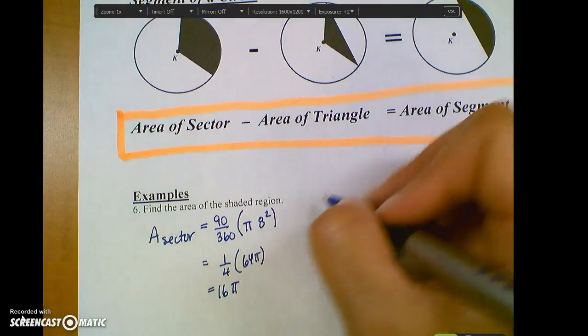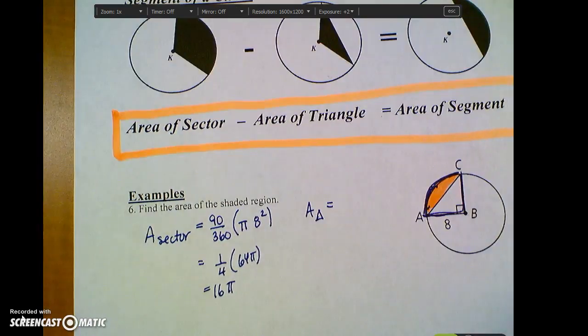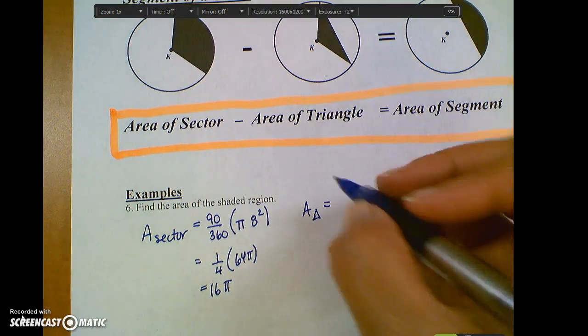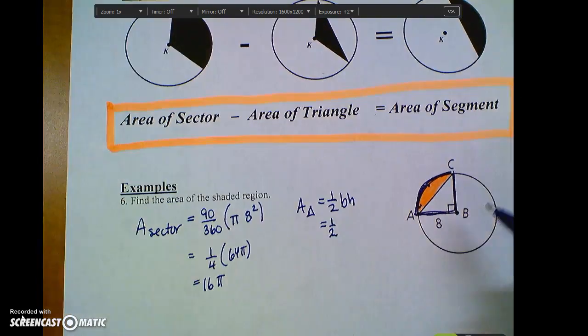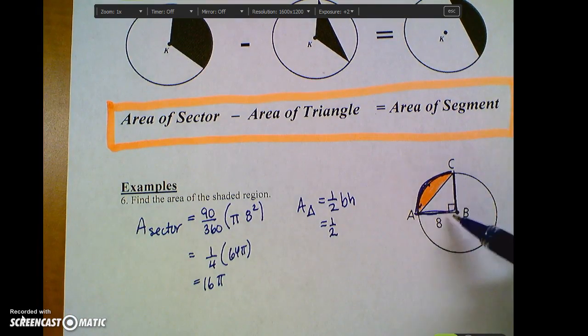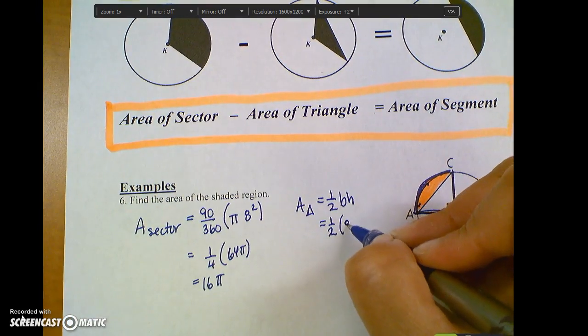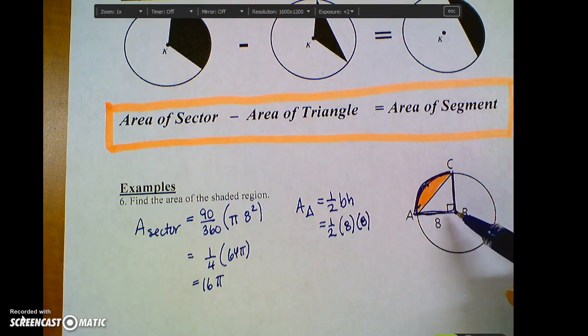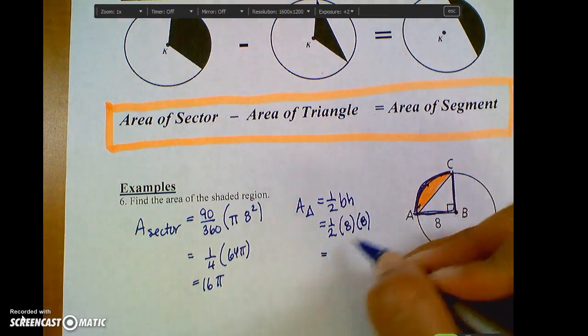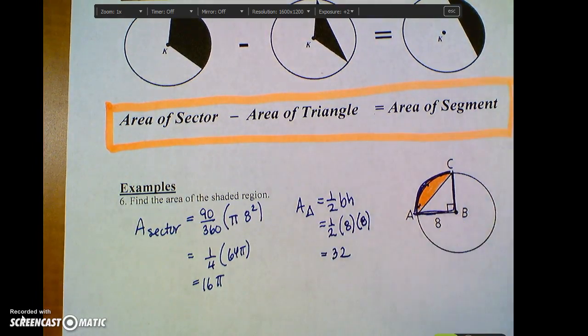Okay, the area of the triangle associated here, area of triangle is 1/2 base times height. Since this is bounded by 2 radii, the base will be 8 and the height will be 8, again, because it's a right triangle. So 1/2 of 64 is 32.